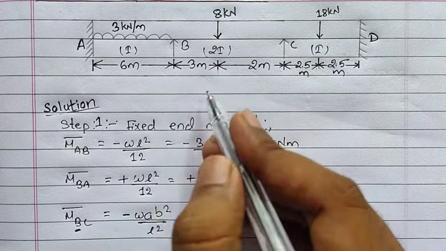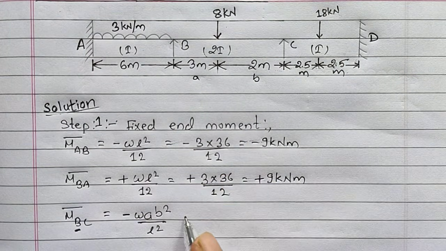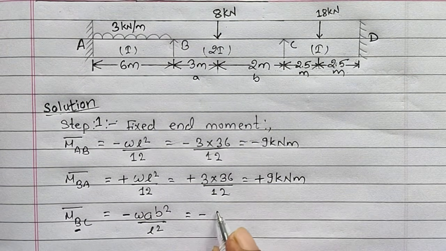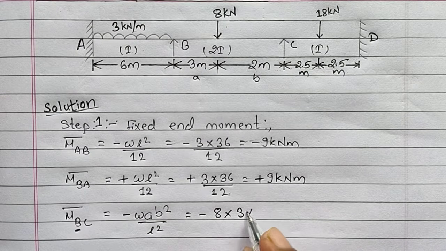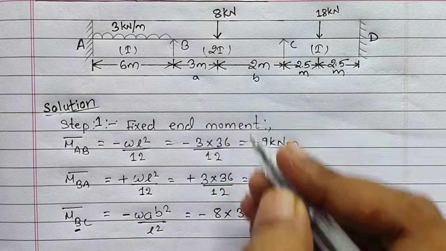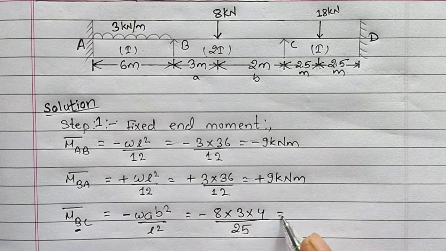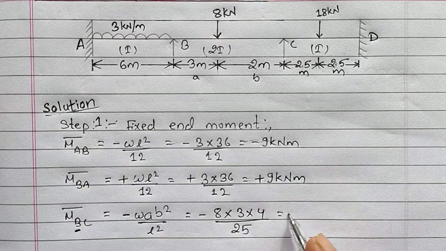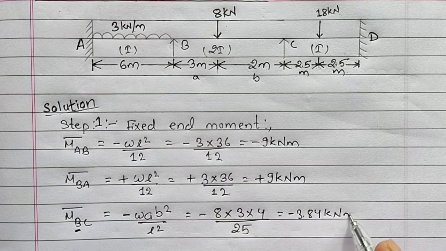So here this is going to be our A and this is going to be our B. On putting the value, we will have here minus W means 8 times A means 3 times B square means 2 square, so 4 upon L square 25. That's going to be minus 3.84 kilonewton meter.